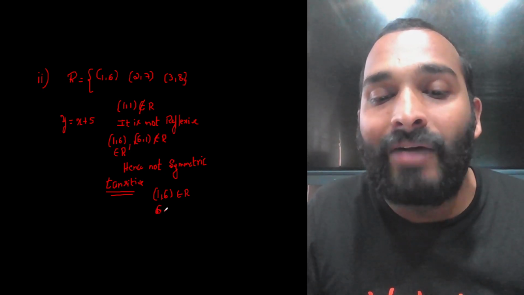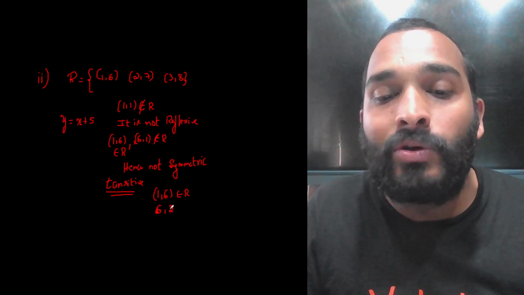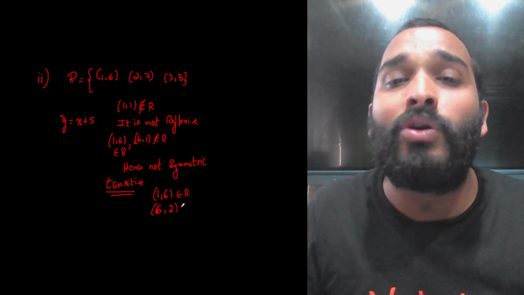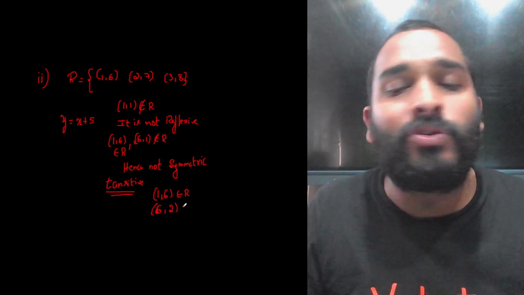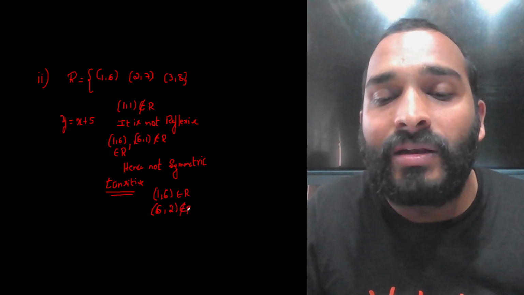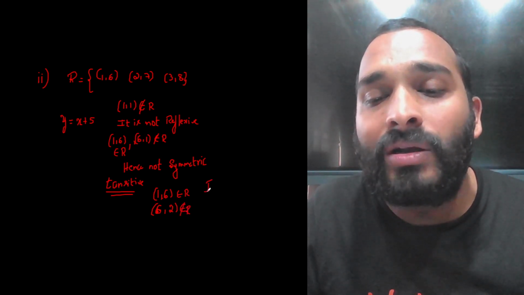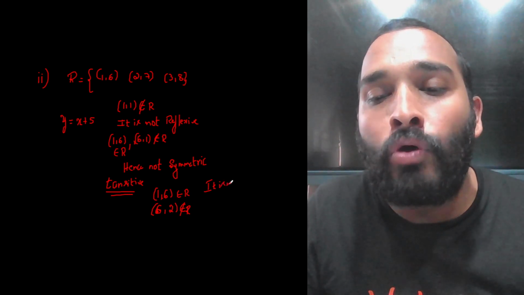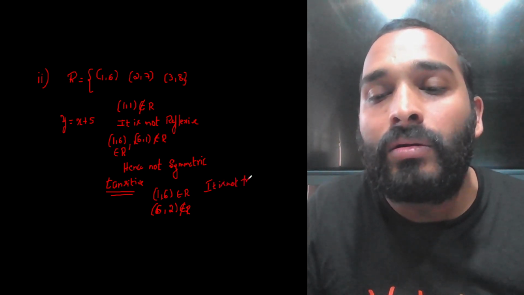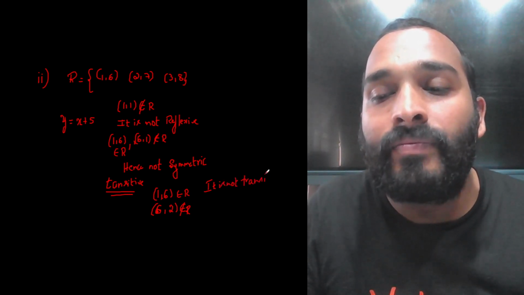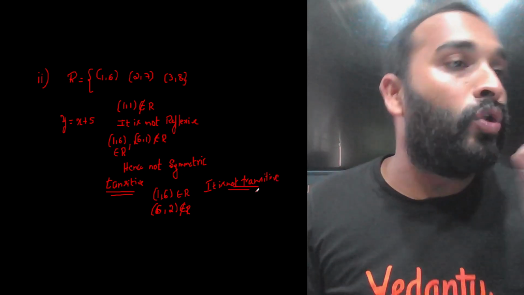So you only have this. So 6 comma 2, 6 comma 3, 6 comma 7 or 6 comma 8 are not belonging to set R. Hence what you can directly write, it is not transitive. So this relation is also neither reflexive nor symmetric nor transitive.